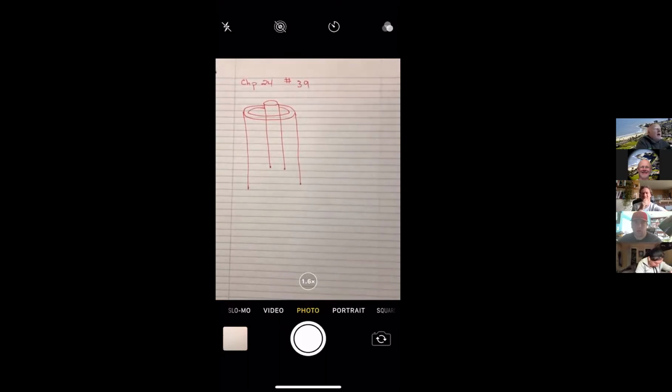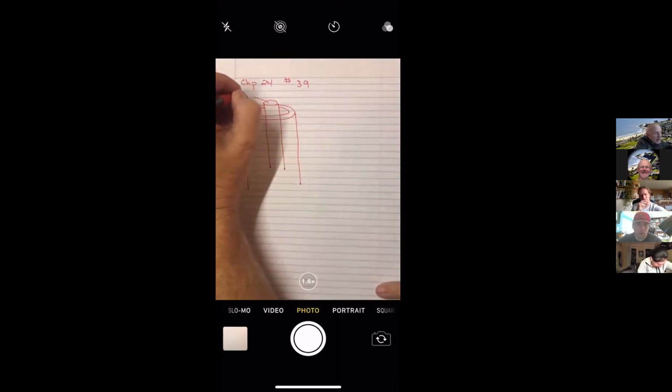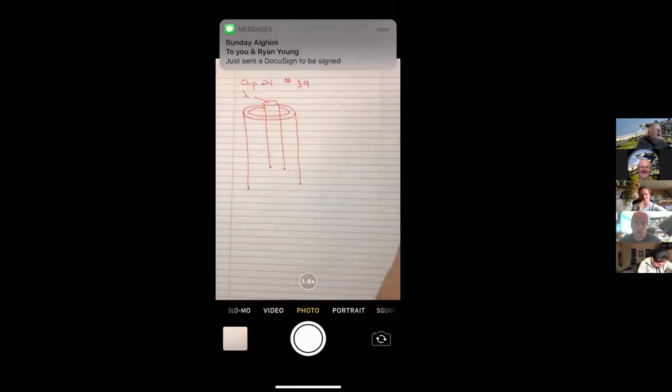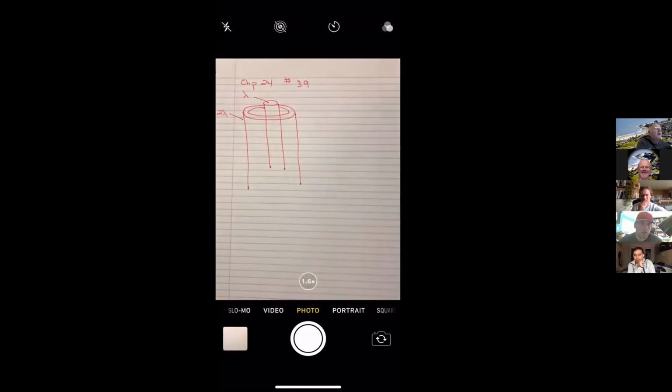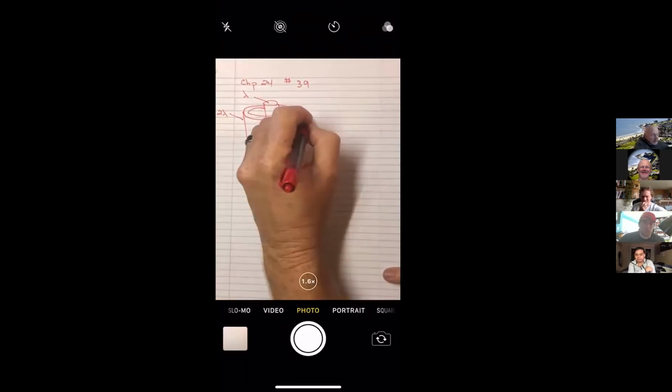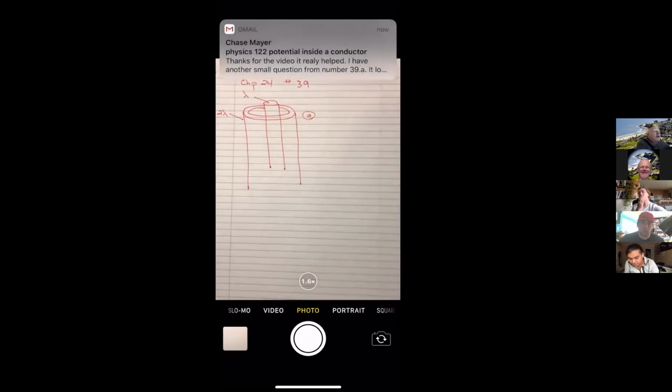The wire has a charge per unit length, the one on the inside, of lambda, and the cylinder has a charge per unit length of 2 lambda. So they're both charged. From this information and from Gauss's law, find, and so here's A, the charge per unit length on the inner and the outer surfaces of the cylinder.